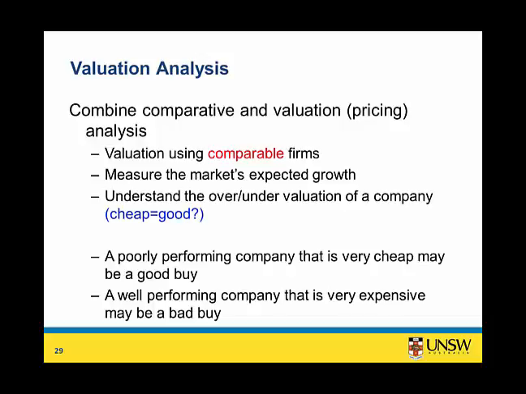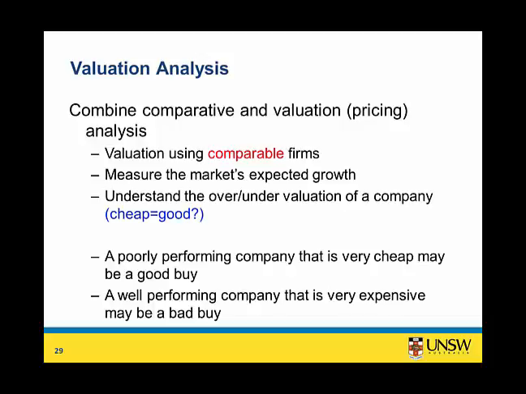So we're going to use some valuation techniques. So we're essentially using a peer competitor firm as a benchmark to compare the firm of interest for the investment decision. So remembering that if there's a low PE, it's a cheap stock.